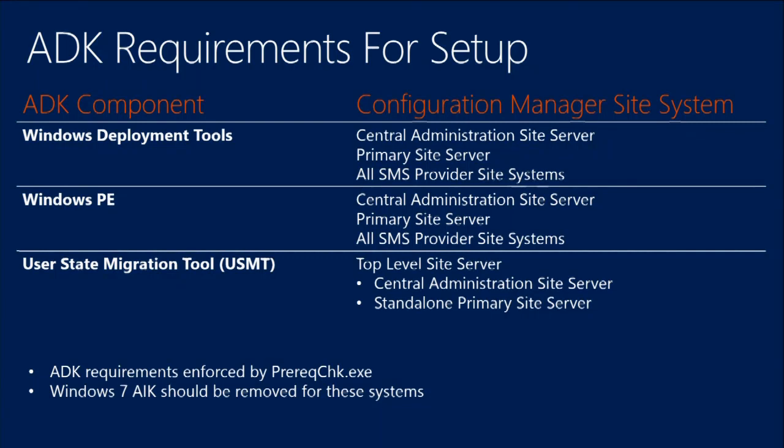USMT is just at the top level server, so that could be your CAS, or that could be your primary site server if you're running with only a standalone primary site server. The other, I've already mentioned, is the prereq check, which runs. That's the annoying little error message that pops up if you haven't gone ahead and done the ADK install. The Windows AIK for Windows 7 also needs to be removed from these systems before you try to upgrade them or install Service Pack 1.